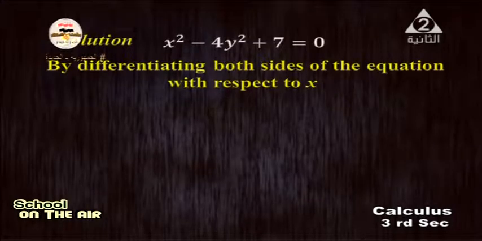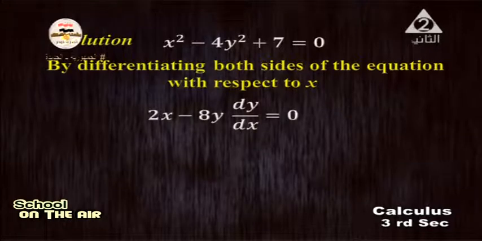By differentiating both sides of the equation with respect to the variable x, the derivative of x power 2 is 2x, and the derivative of negative 4y power 2 with respect to x is negative 8y dy dx, and the derivative of 7 equals 0, and the right hand side equals 0.